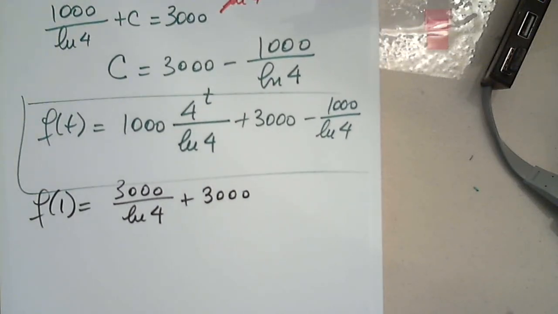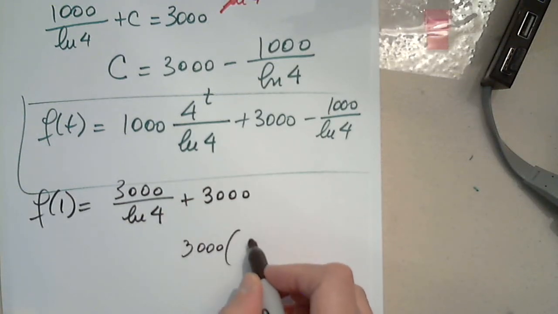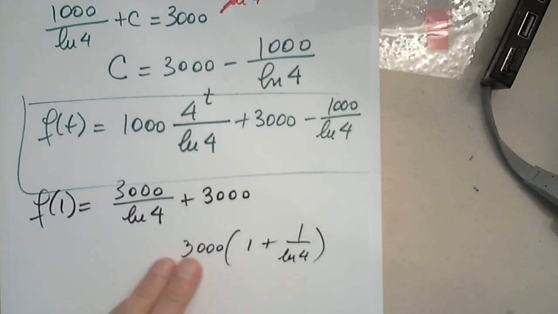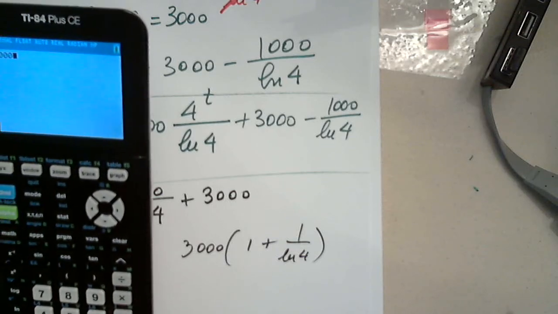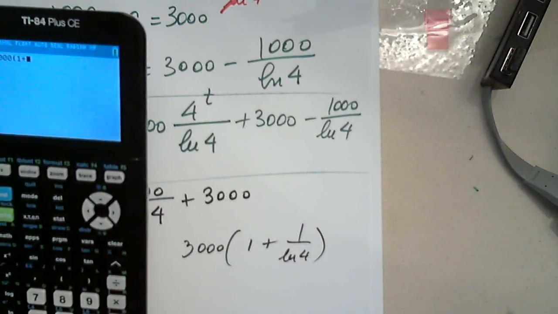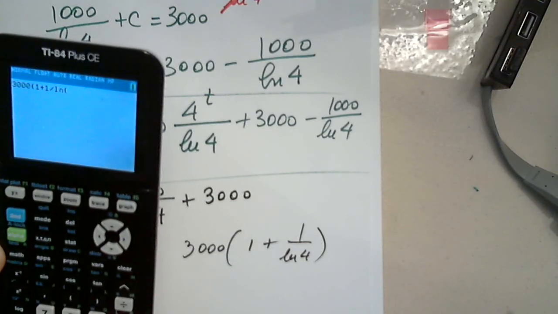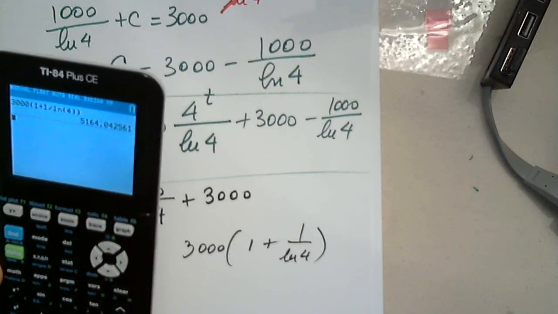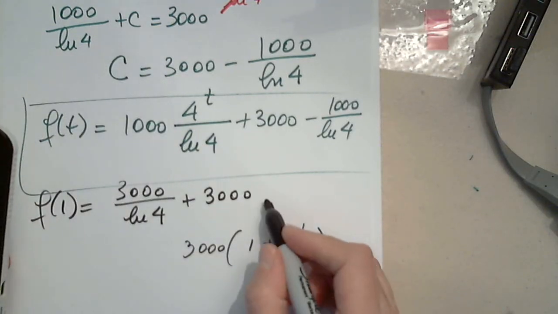So I'm going to plug it in like this: 3,000 times parentheses 1 plus 1 divided by natural log 4. I got 5164, a whole number.